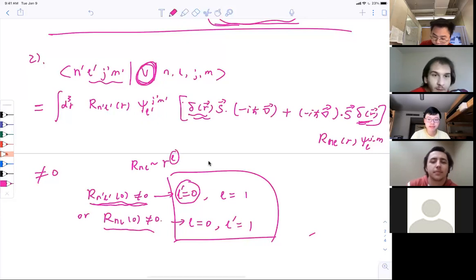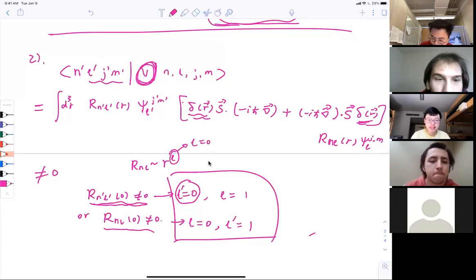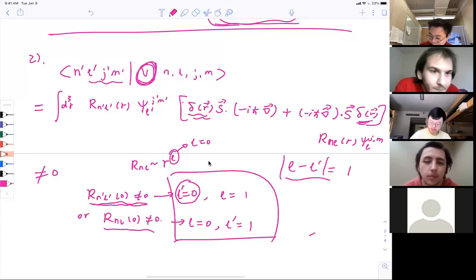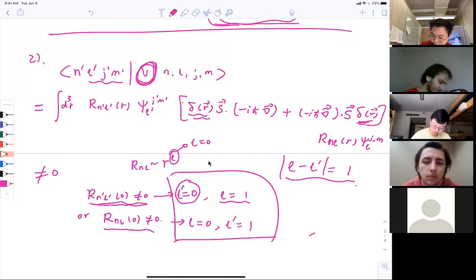So you want this power to be zero, right? So L prime to be zero or L to be zero. If your L prime is zero, remember the difference between those two must be one. So your L must be one. Of course, it cannot be minus one, right? So it must be one. Similarly, your L prime also must be one.